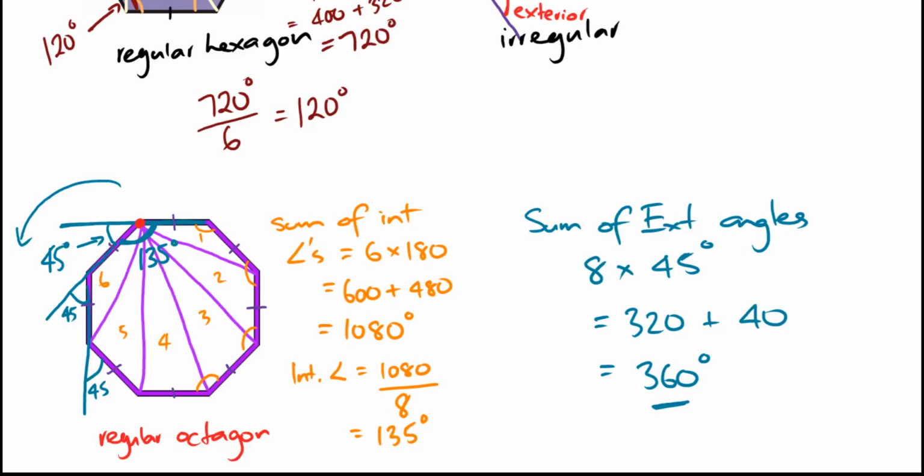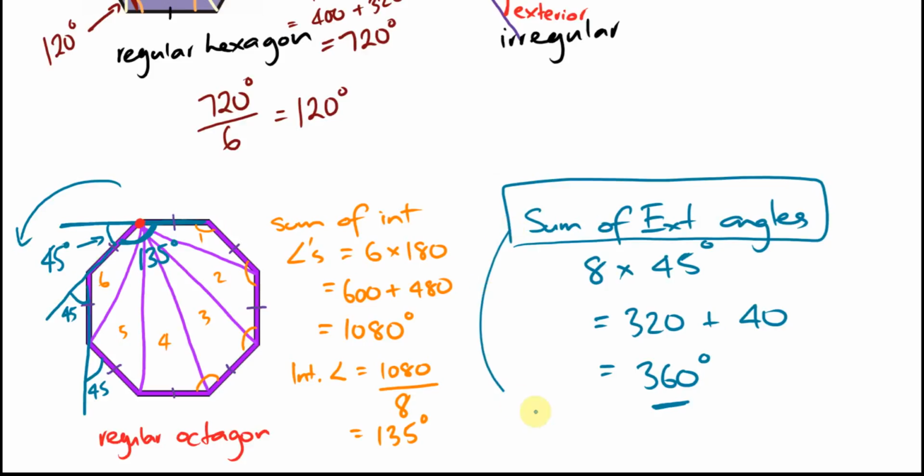What you will find is that if you were to do this exercise for any polygon, the sum of exterior angles will always sum to 360. So what you could do is have a go at drawing a polygon and actually testing this concept.